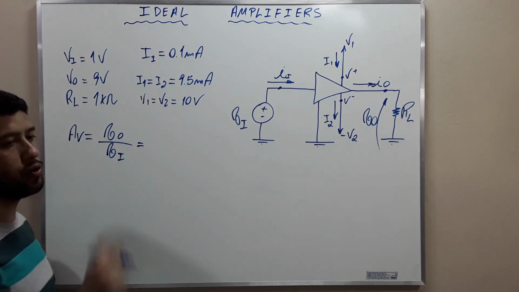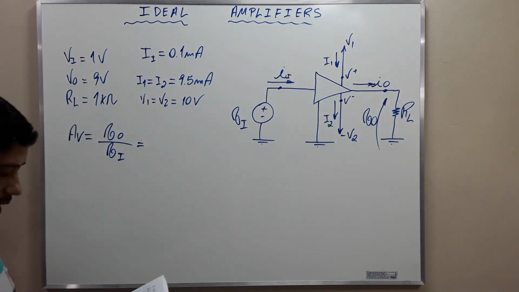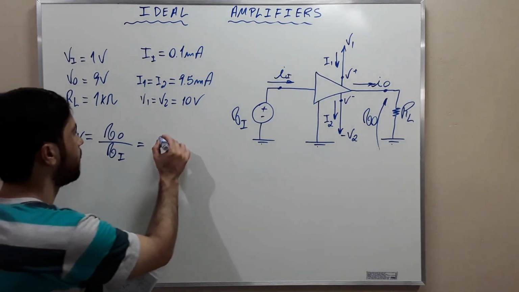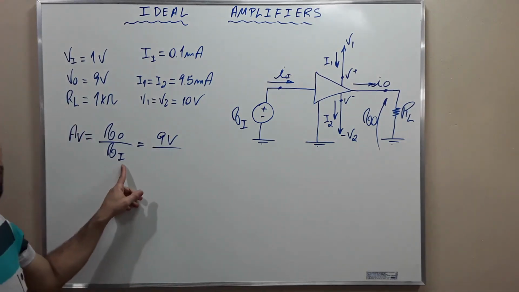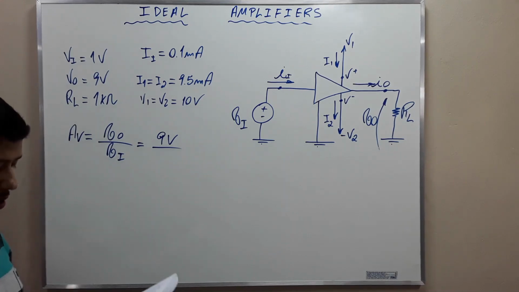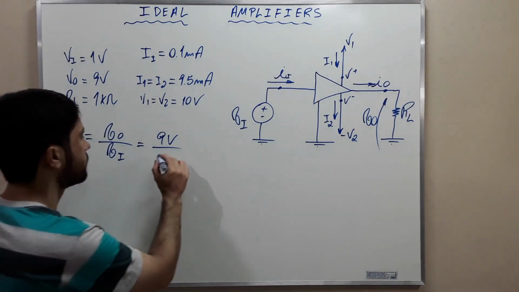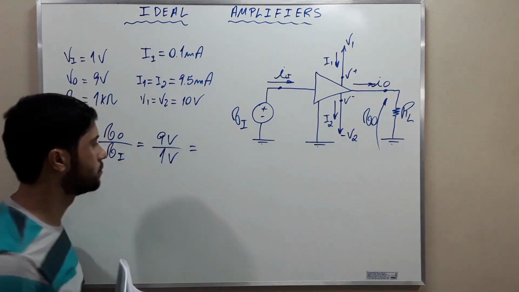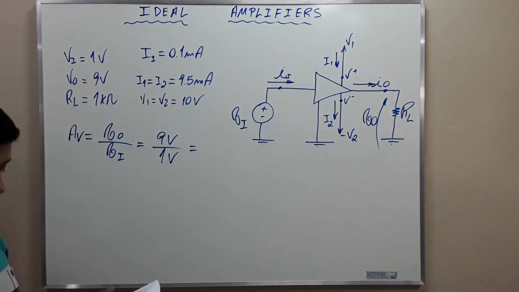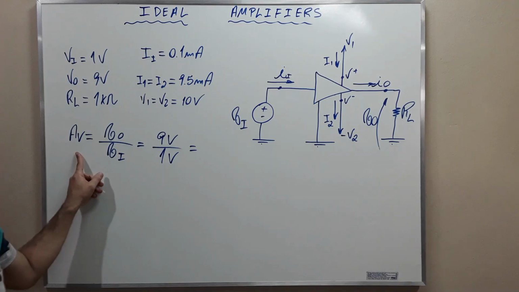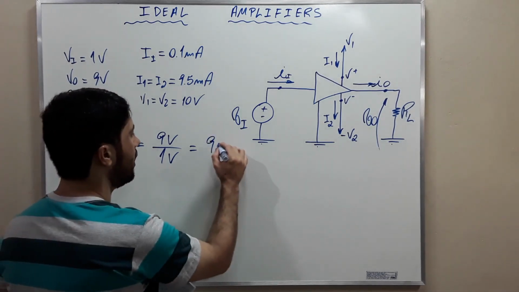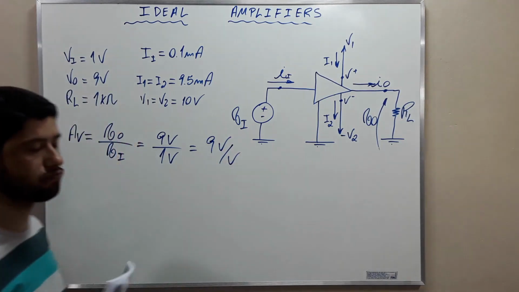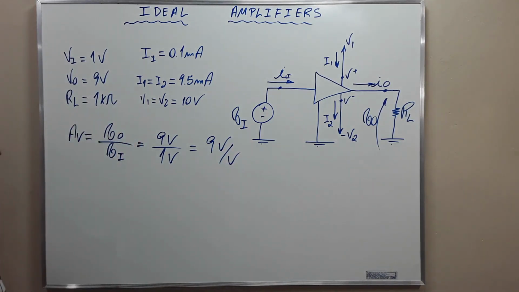The peak value of the output voltage is 9 volts, and the peak value of the input voltage is 1 volt. Then we find that the voltage gain is 9 volts per volt. Okay? Did you guys understand?